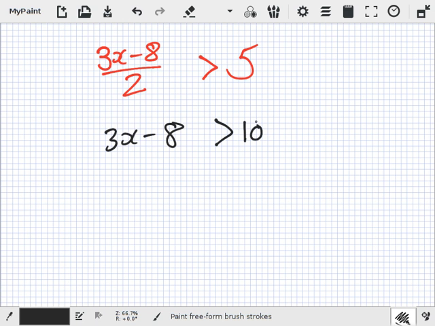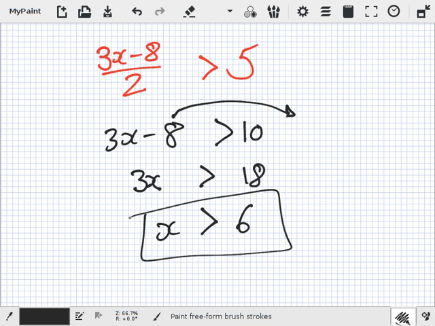And then next, add 8. So what do I have now? Good. And then next, what's the last step? Yeah, divide by 3. So x is more than 6. Alright, well that's good. That's the first one done.